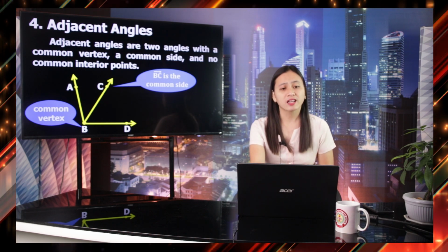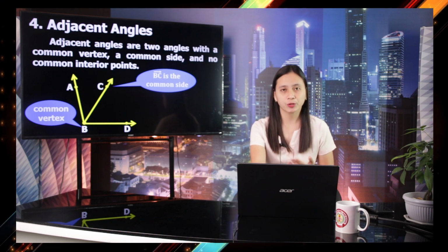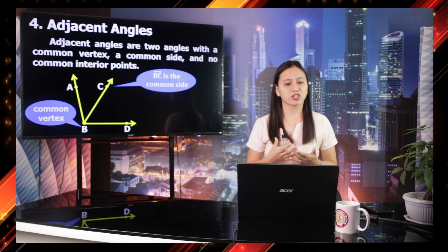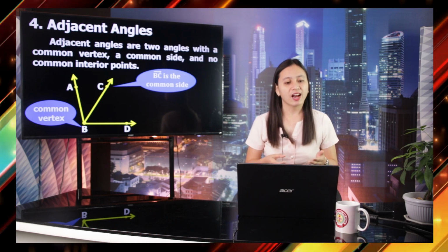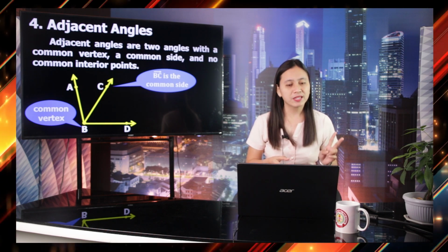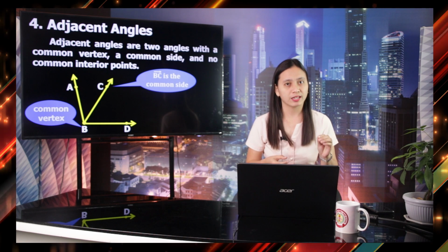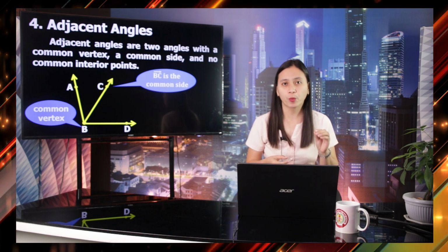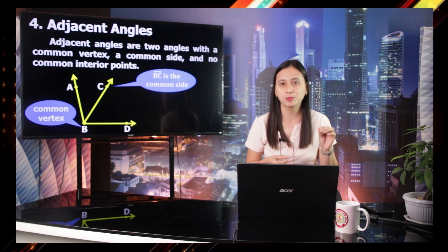And the two angles also have no common interior points. Because angle ABC has its own points inside, exclusive points in the space inside angle ABC.